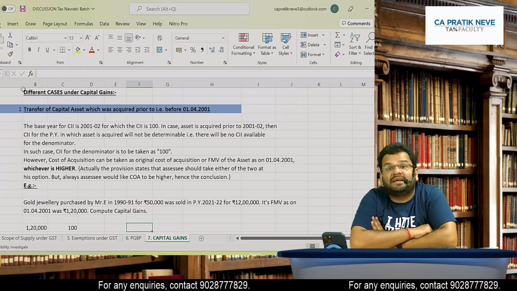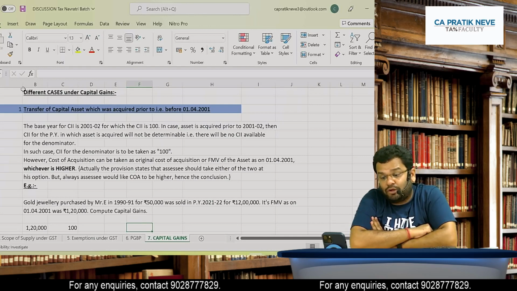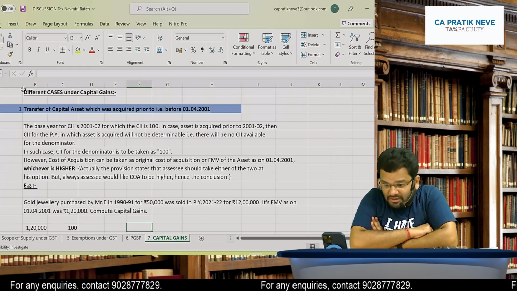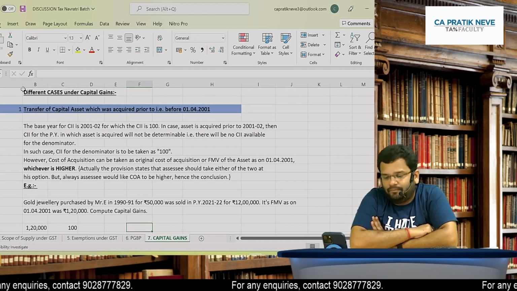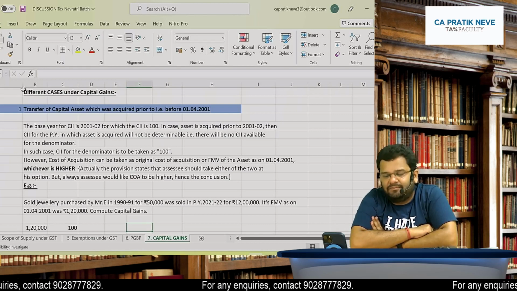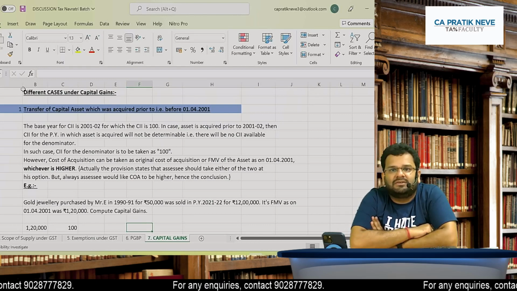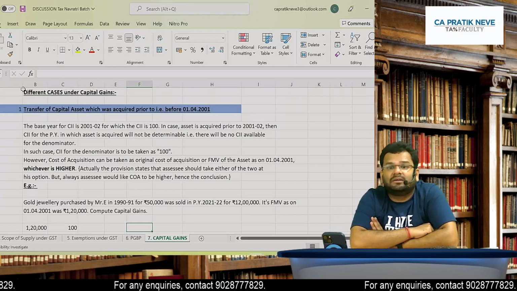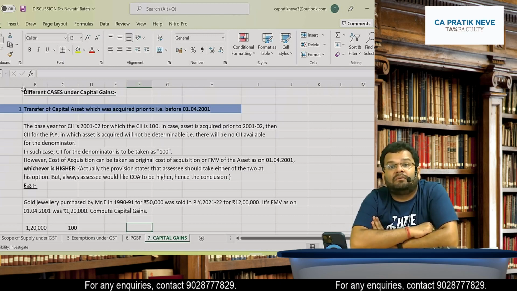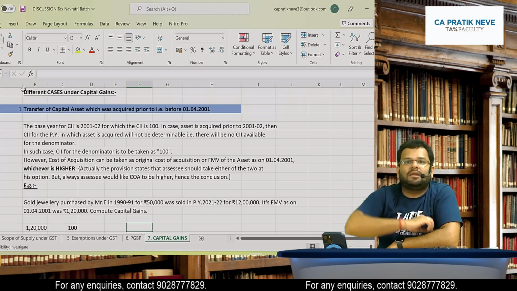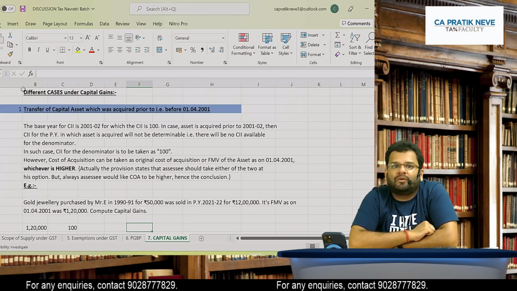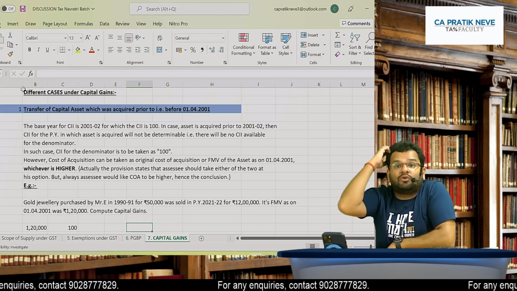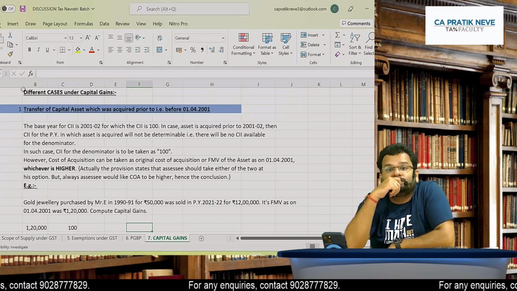for defining CII. 2000, you have to tell me in financial year terms, then I will say you are a matured audience. 2001-2, because it's not a calendar year, na? It's a financial year. So 1-2. Can it happen, Darshan, that my asset was acquired before 2001? Obviously yes. If the asset is acquired before 2001, then what will you do?